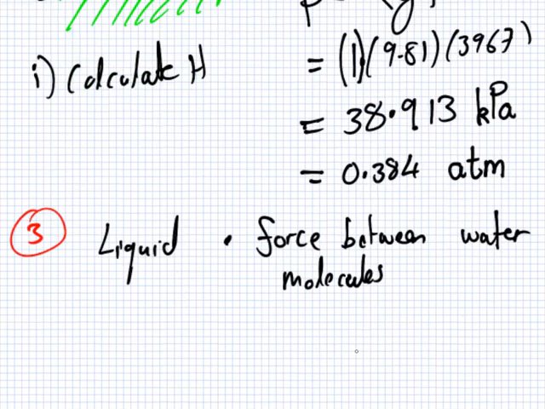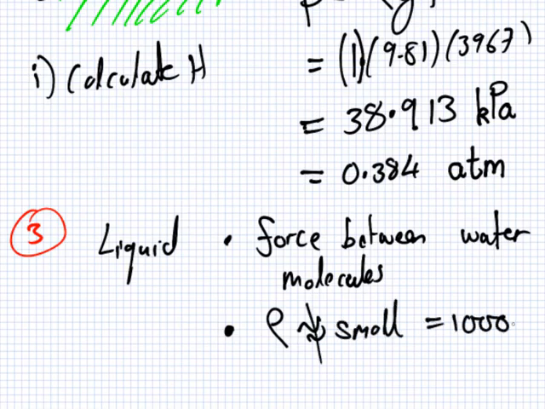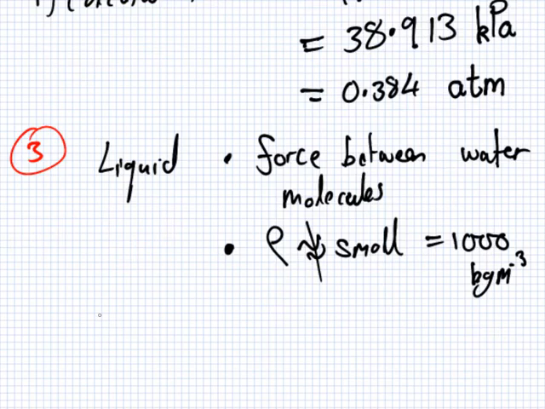And also another reason, the density is not small. It's actually pretty big, about 1,000 kilograms per meter cubed. And the same for a solid.